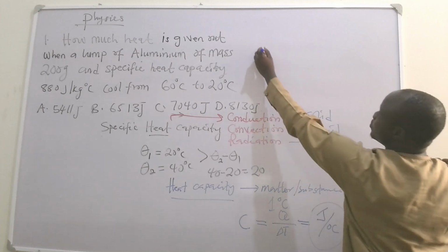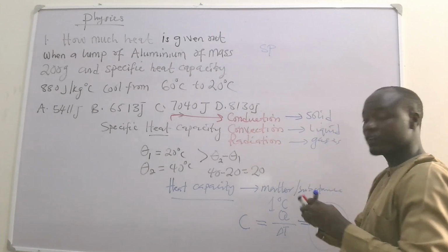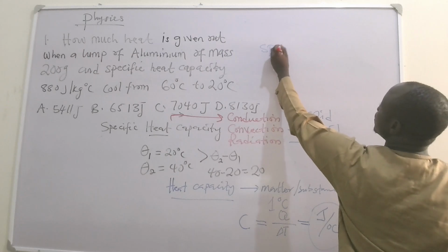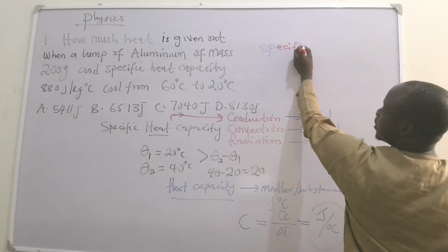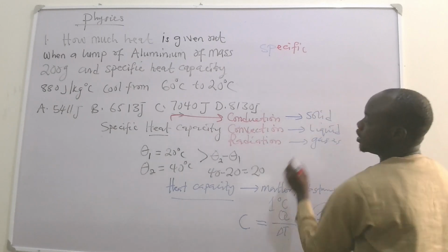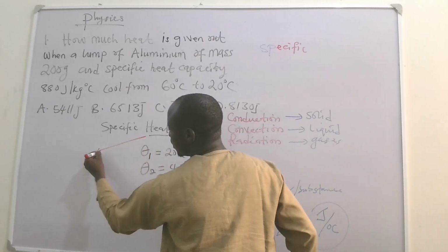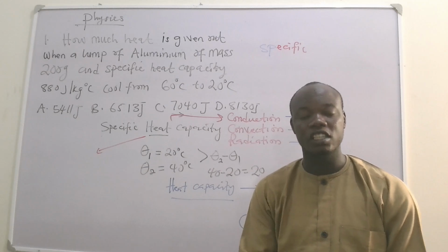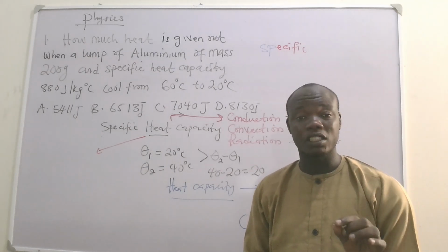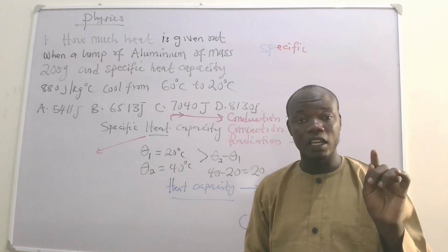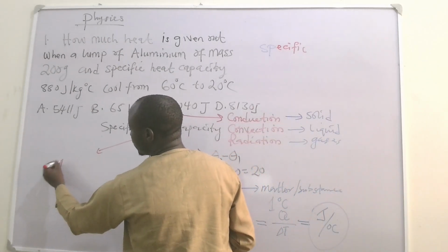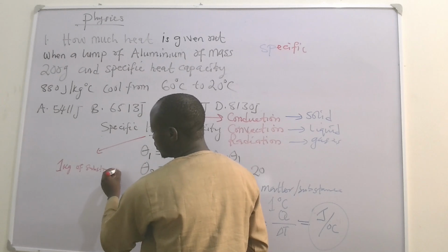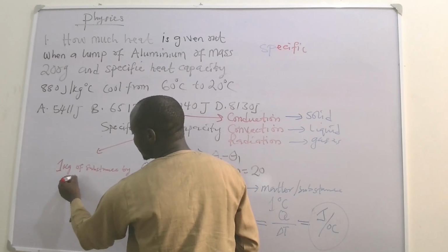But in the case of specific heat capacity, it is actually the amount of heat, or the amount of energy, that is required to raise the temperature of 1 kilogram of a substance by 1 degree centigrade.